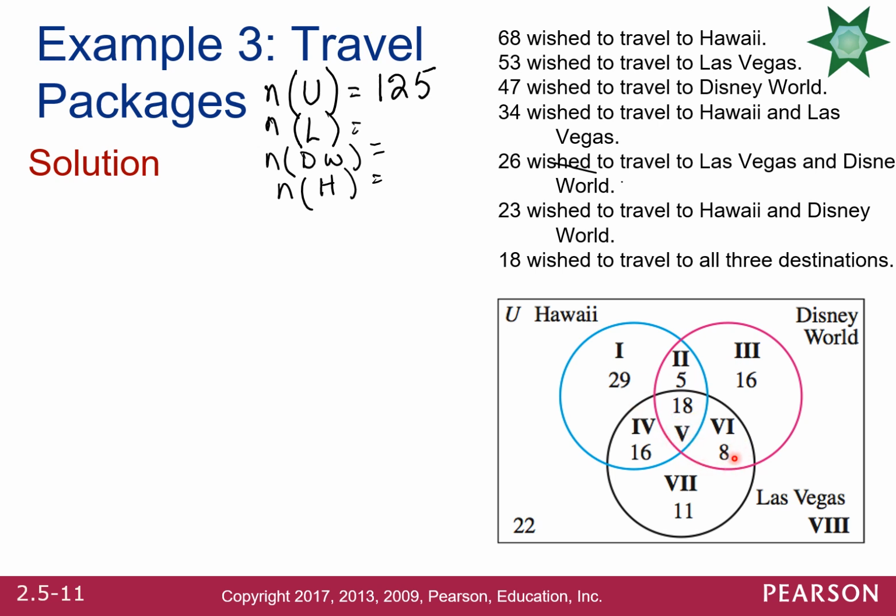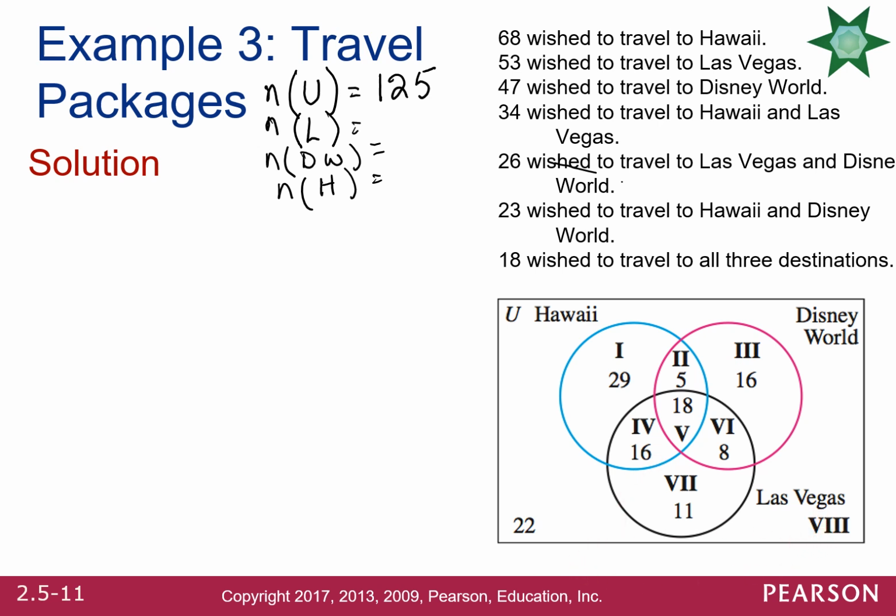Region 6 is people who want to go to Disney World and Las Vegas. Region 7 is people who want to go just to Las Vegas. And the rest, people who are not interested in any of these destinations, fall under region 8.